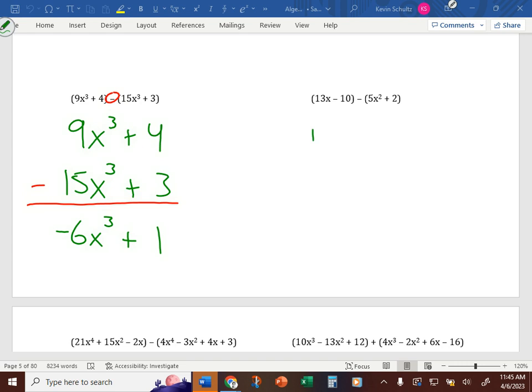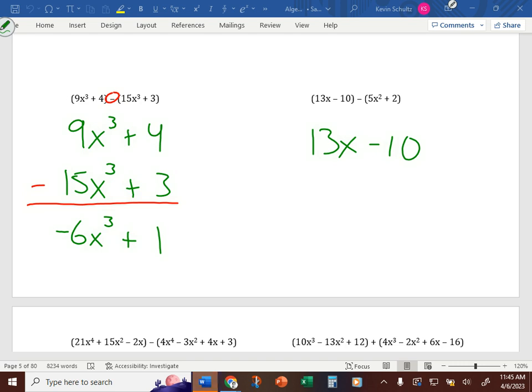Okay? You might be tempted to put that 5x squared beneath the 13x, but why can't you if we're adding and subtracting these? Because they don't have the same. They're unlike terms. So if you look back at step number 2, it says align the expressions vertically, leaving empty spaces for those unlike terms.